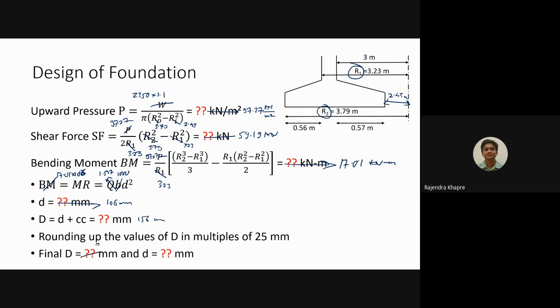Okay, so what we will do, we can finalize this capital D as 200 mm, and small d, we can deduct 50 mm, so this becomes 150 mm. ठीक है? Since it is kind of an isolated footing, the depth will be continuously reducing towards the free end.